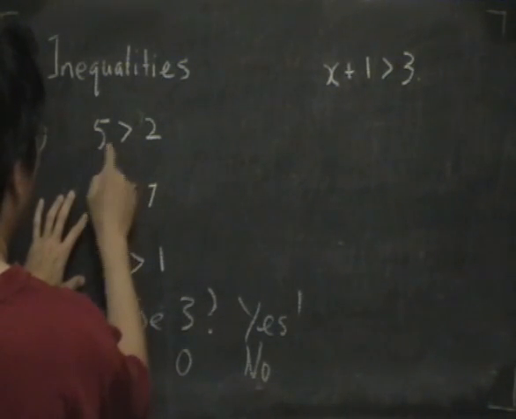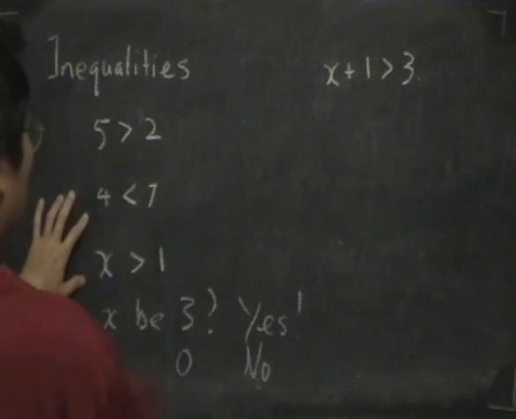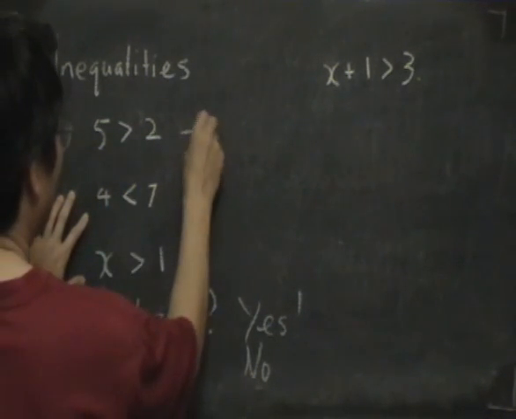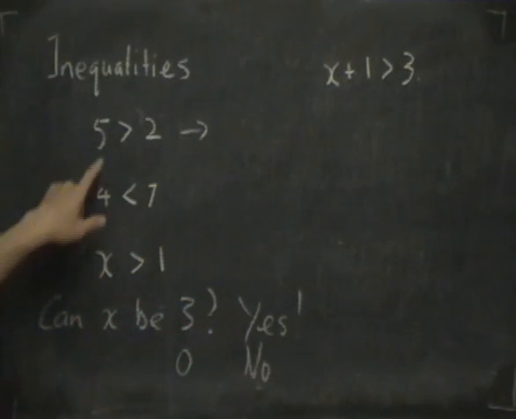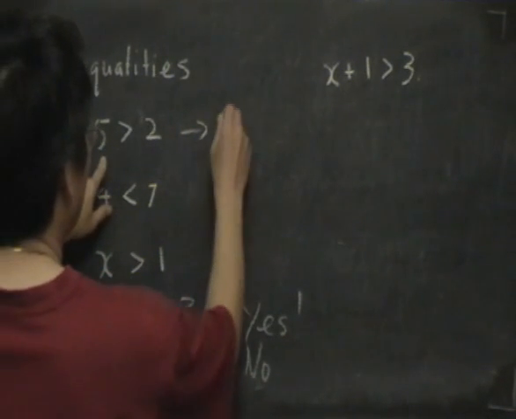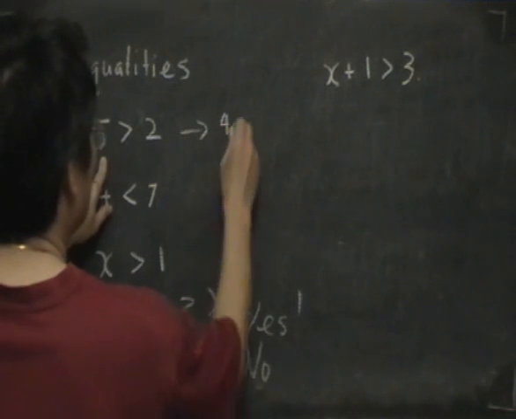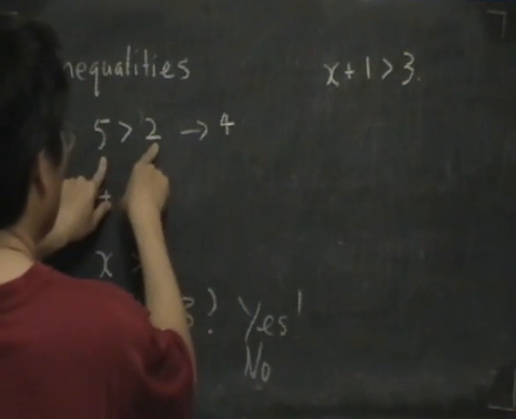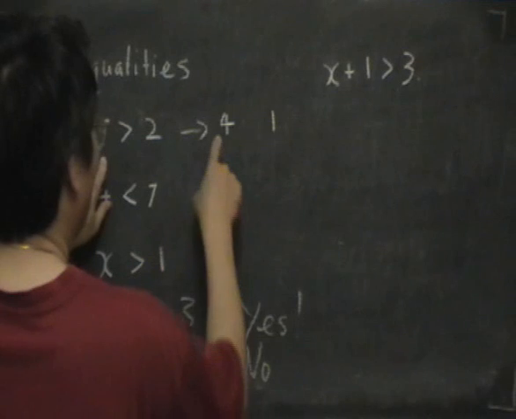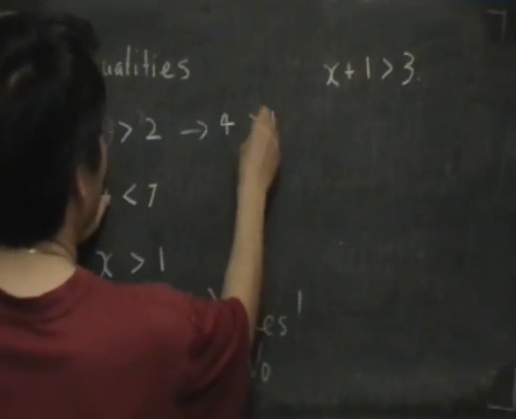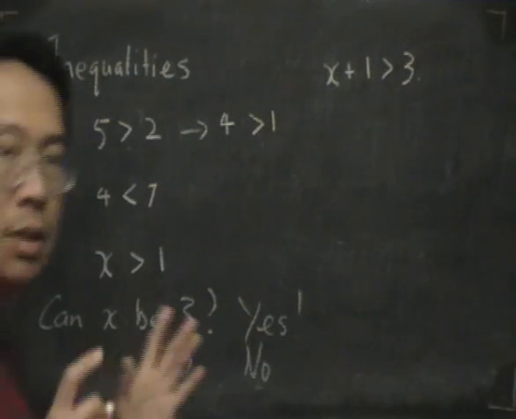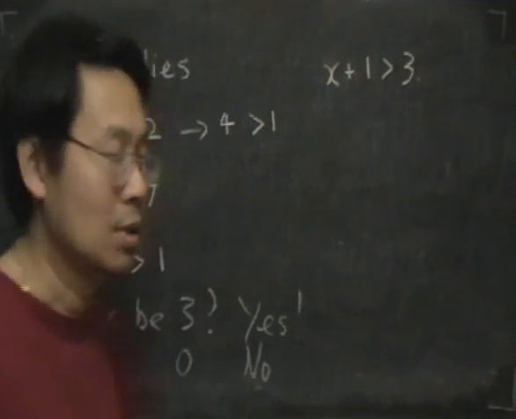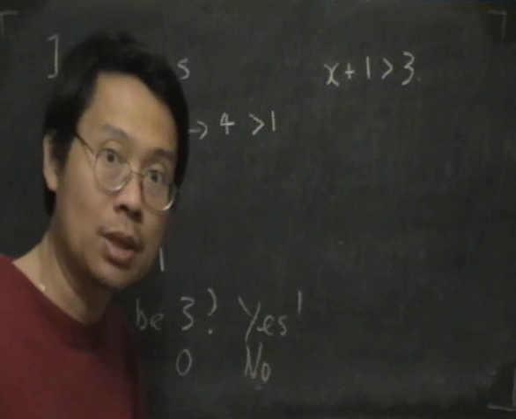If I subtract a 1 from the 5 and a 1 from the 2, what do I get? If I subtract a 1 from the 5, I get 4. If I subtract a 1 from the 2, I get 1. And 4 is still greater than 1. So the greater than sign we can keep. It's still correct.